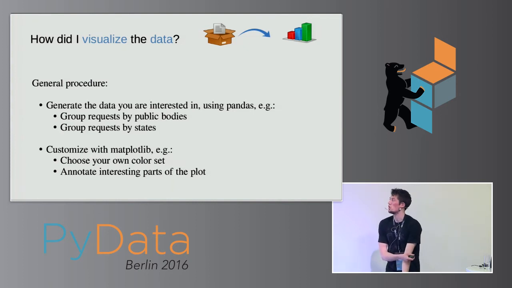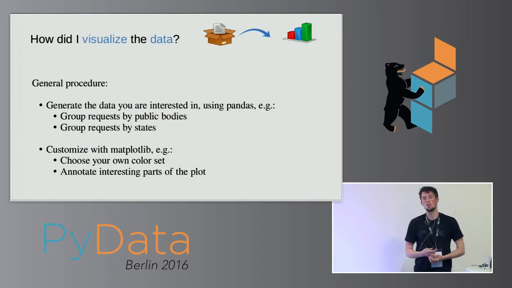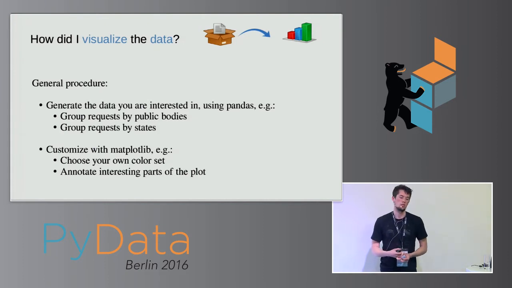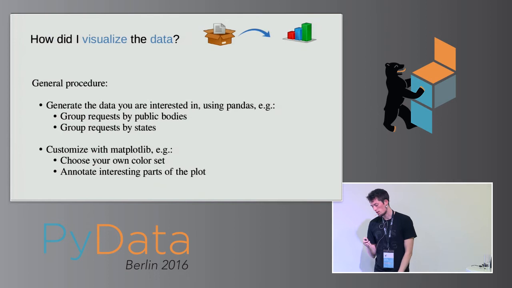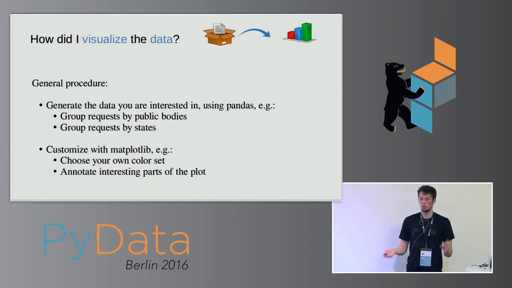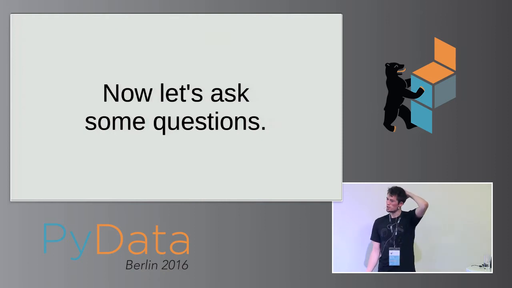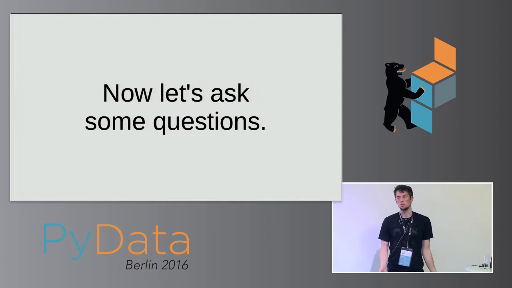And then you can create the raw plots and customize them with matplotlib. That's what I did. Okay, so now we have all these tools, so to say, but now let's ask some questions to this data set, because that's what I'm really interested in.